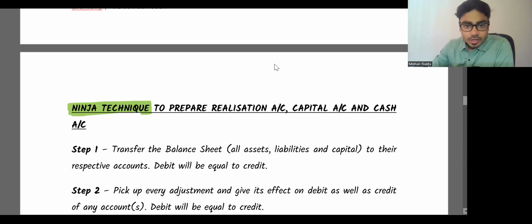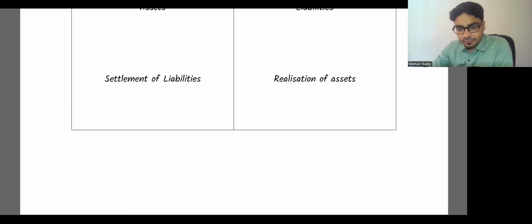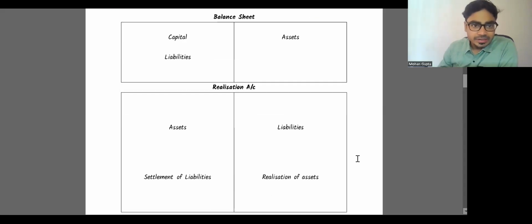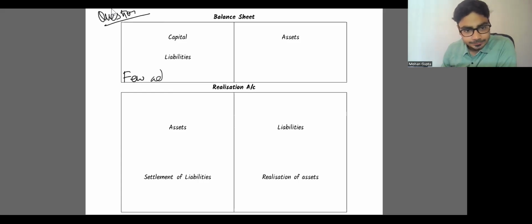Before that, you need to understand what will be given to you in the question. Your question will give you a balance sheet, and with that, a few adjustments after the balance sheet. So the balance sheet is number 1 and the adjustments are number 2.